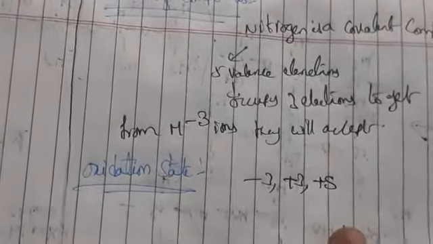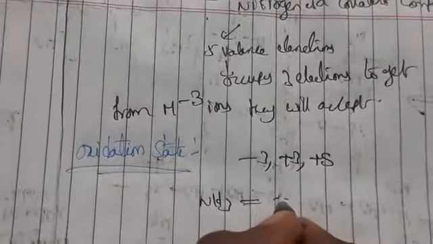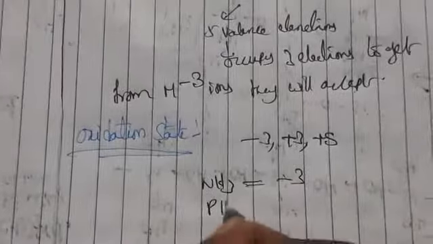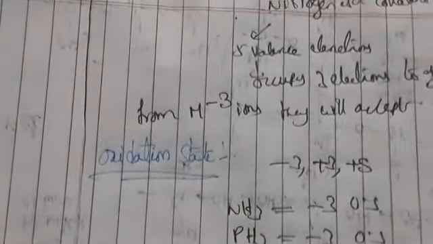For the remaining elements this decreases sharply, so -3 is not obtained. And bismuth also gives a negative oxidation state.